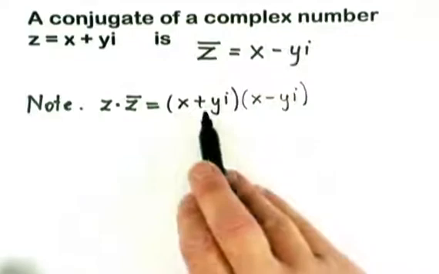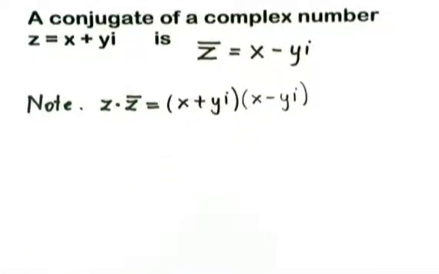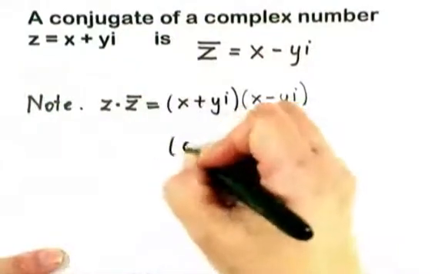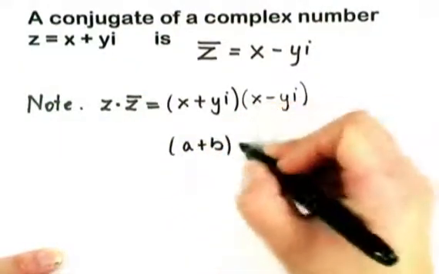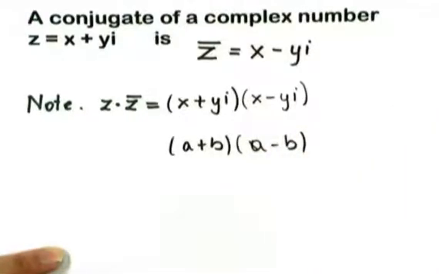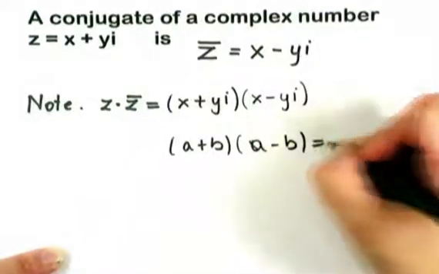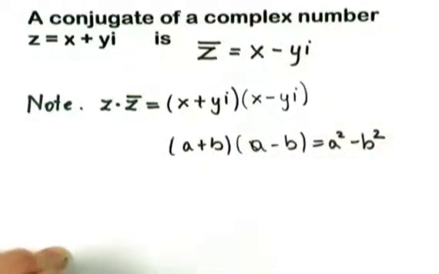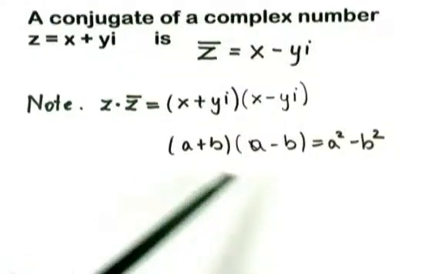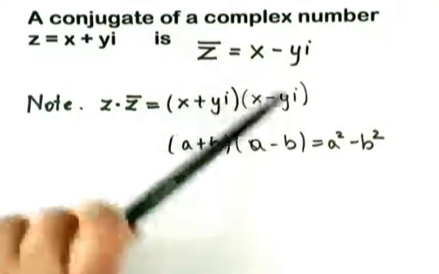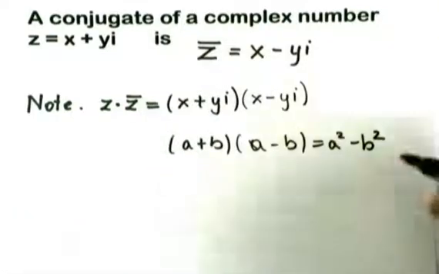This is a plus b, and this bracket is a minus b. A plus b times a minus b is nothing else but a squared minus b squared. Or we can FOIL it, multiply this out. I'm going to go with this formula.